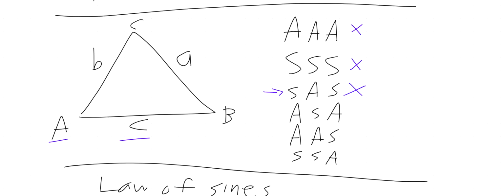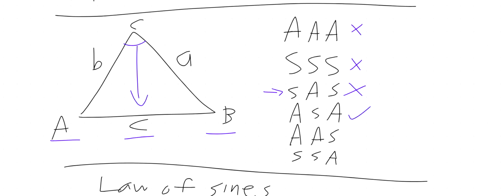If we do angle side angle, we still don't have that matching pair. But since we know two angles, and this is Euclidean geometry, all of the angles in the triangle have to add to 180. So we can find angle C, then we will have the matching pair.